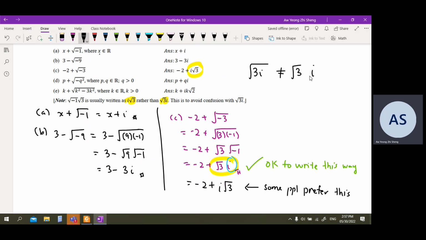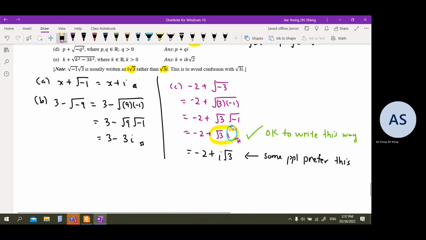So make sure that when you write it, it is very clear that the i is not contained in the surd 3. You can leave a bit of space in between the surd 3 and i. Don't write your i too near the surd 3, otherwise it's a bit risky for it to be misinterpreted. So if you write surd 3 followed by i, make sure that your i is written at a bit of distance away from the surd 3 to avoid misinterpretation.